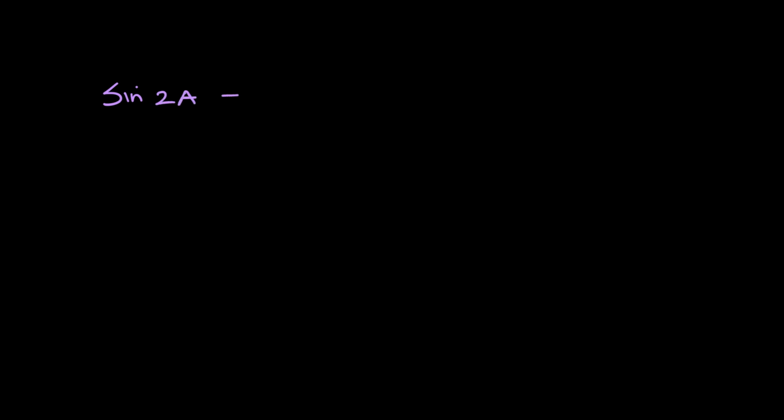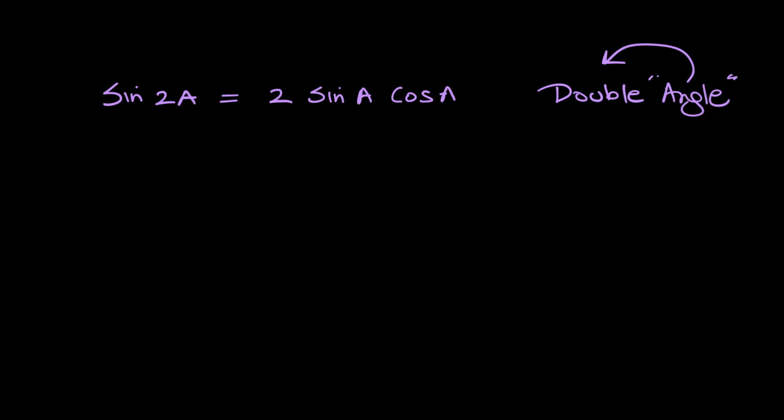The original formula is sine of 2A, which is 2 sine A cosine A, and we call such formulas double angle formulas because the angle doubles. There is an angle A on the right and angle 2A on the left. That means I can write sine of 4A is 2 sine 2A cosine 2A.